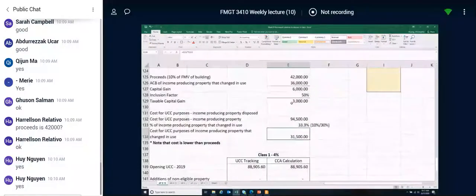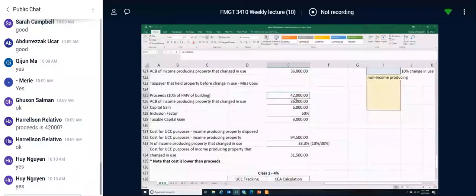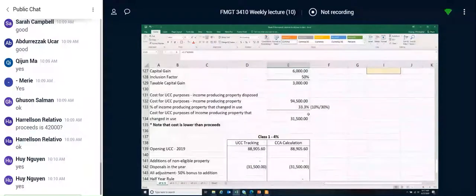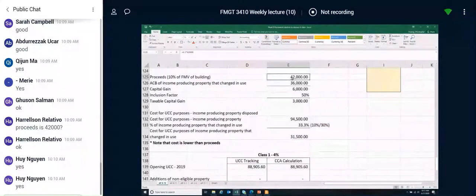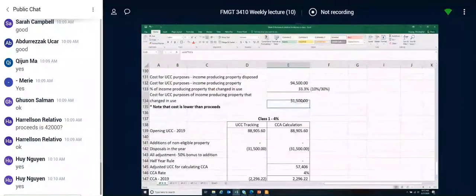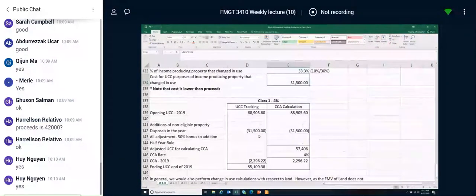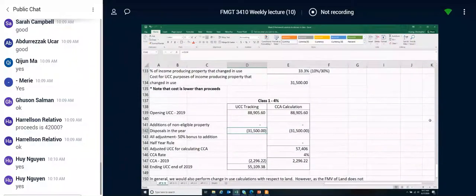So we have to remember, proceeds was 42, right? So when you do what is your lower of cost and proceeds, it's the lower of 42,000 proceeds, 31.5 cost. So of course cost is lower, so you're going to show 31.5 as a disposal in the year. So you show the disposal, you still have an income producing property, you are not negative, so there's no recapture, and because again you still have the property, there's no terminal loss, so therefore you just calculate your CCA.